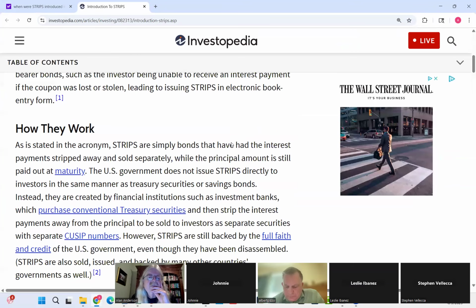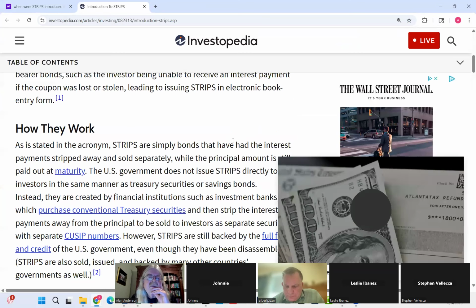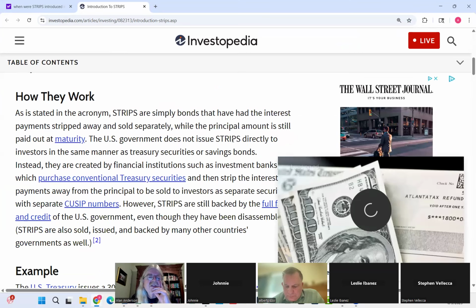Strips are bonds that had interest payments stripped away and sold separately. The principal is still paid at maturity. The U.S. government does not issue strips directly to investors.